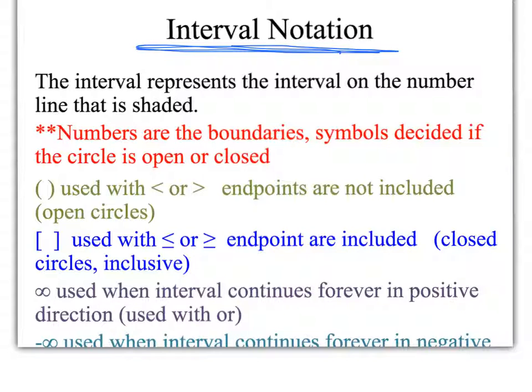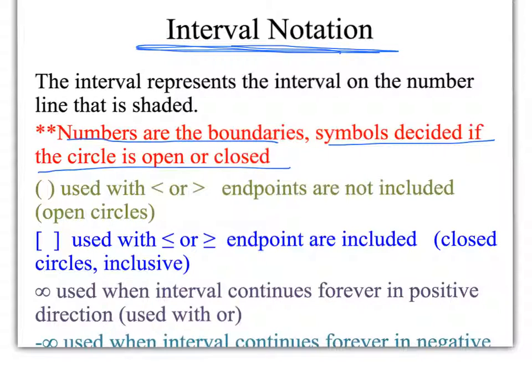There are 2 stars next to this, so it's very important. Numbers are the boundaries. Symbols decide if the circle is open or closed. Now, remember that from before when we graph it on a number line?